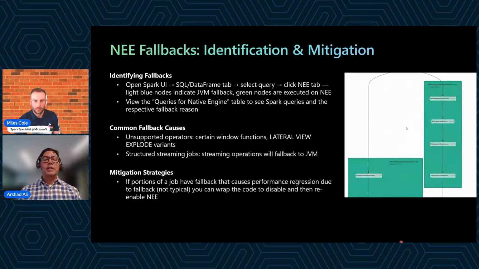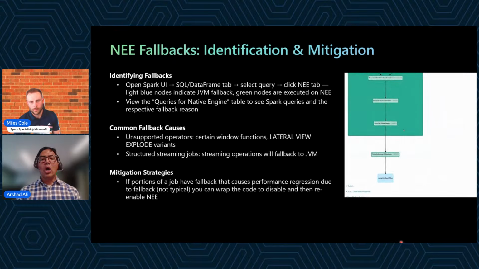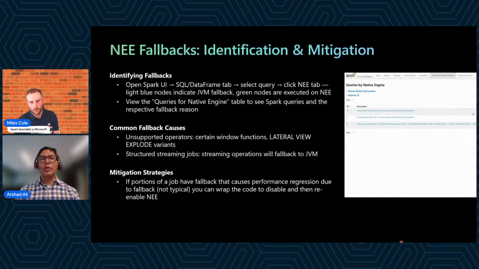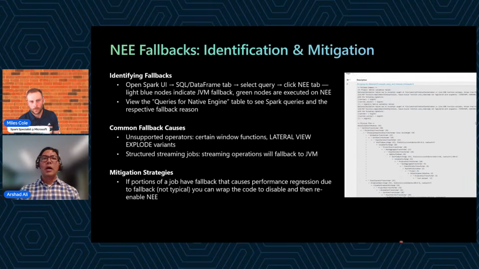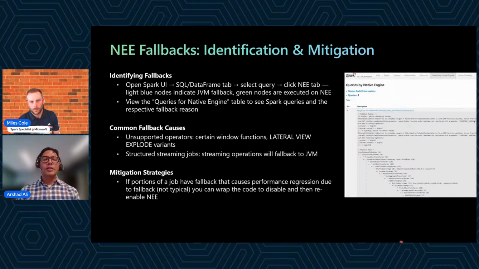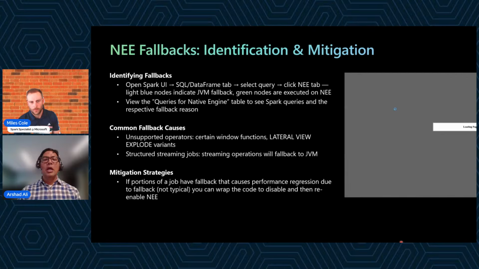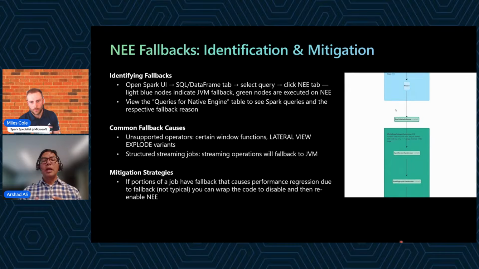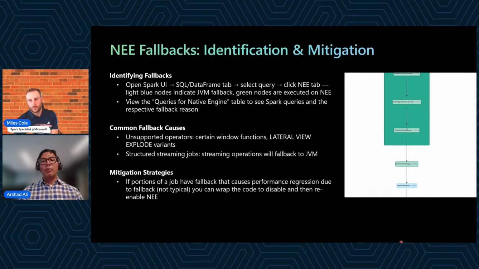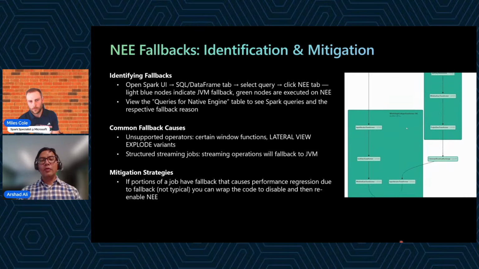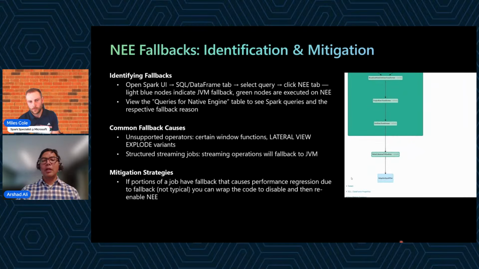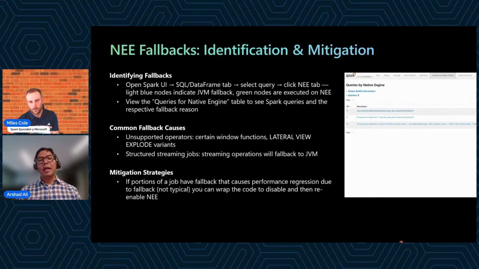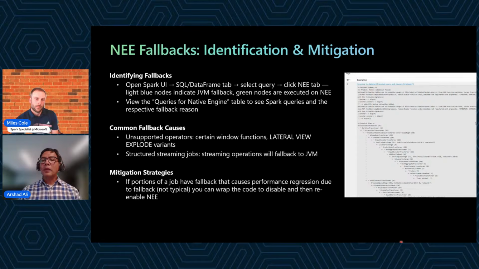There are certain cases, for example, if you have a long job and part of your job has an operator or something that falls back to JVM, what you can do as a mitigation strategy is wrap your code by enabling and disabling the native execution engine, so that the part of the query which is supported with native gets executed on native, and the part of your query which falls back gets executed on the JVM.